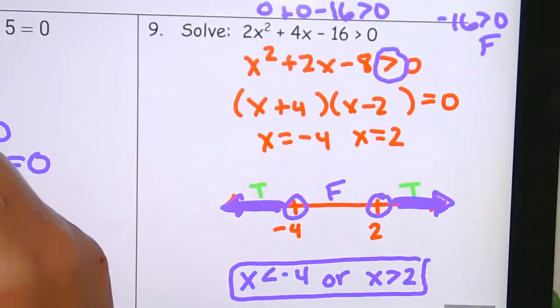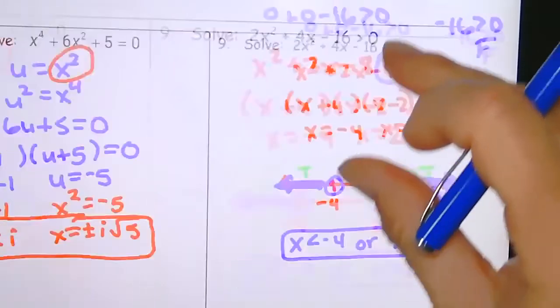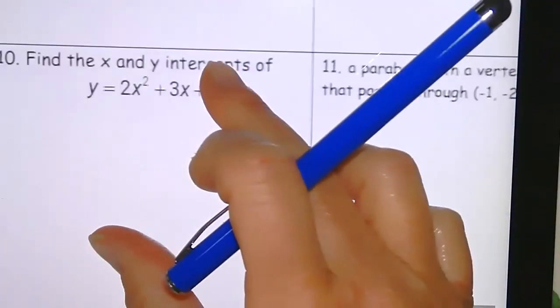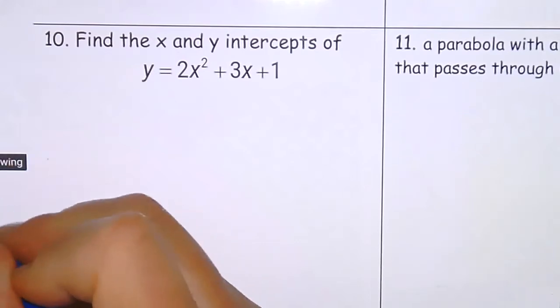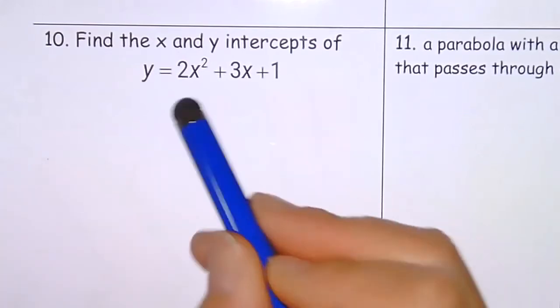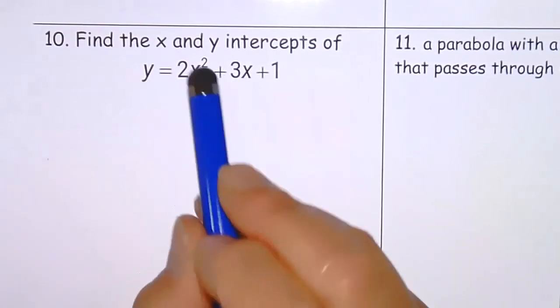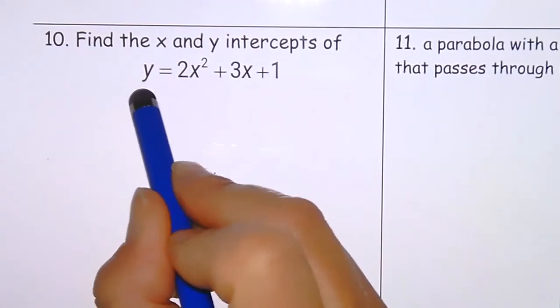Okay. So number 10. To find the x and y intercepts, you're going to be putting 0 in for x to find your y-intercept.